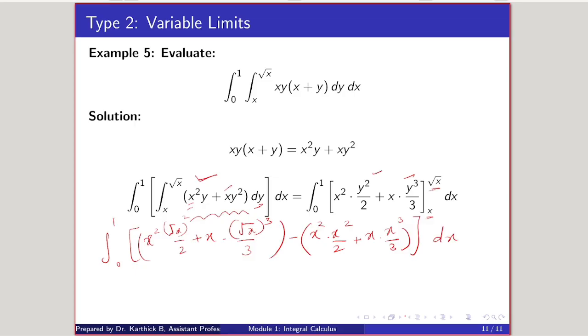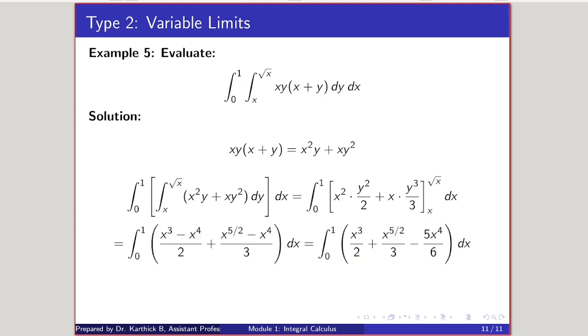So simply if you consider this, it will be x cube by 2, and here it becomes 1 by 2 plus 1, that is 3 by 2 plus 1, so it becomes 5 by 2 by 3, minus x power 4 by 2 plus x power 4 by 3.